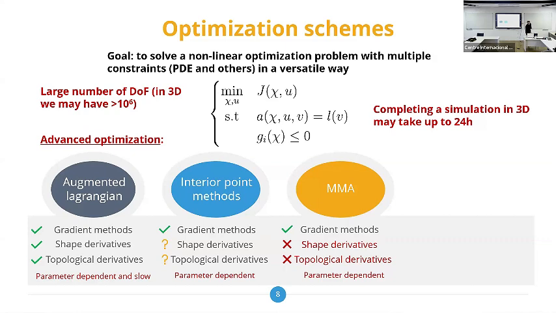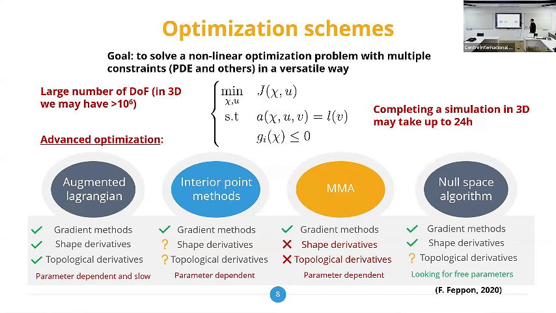And then, recently, we can find an algorithm called Null Space, proposed by Florian Feppon in 2020. He basically looked for an algorithm which is free of parameters and currently works for density and level set with shape derivatives, but it has not been extended yet to topological derivatives.